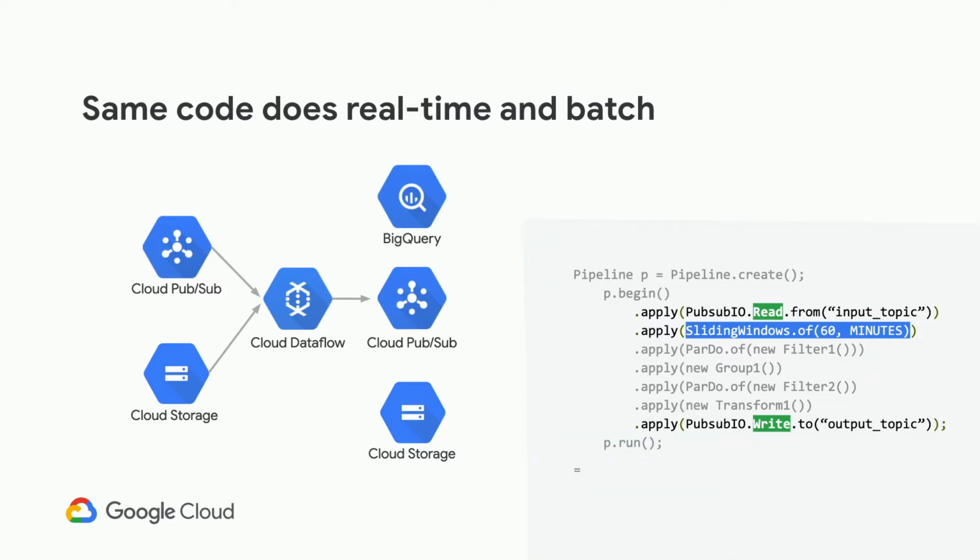Or even if you have some real-time data coming in, you want to reference some of the data in batch. For example, you have some data in Cloud Storage, you want to do some referencing. Are you able to do that? Yes, you can do that. And once you're done with those calculations, you can output to BigQuery in real time. Then you can run some real-time analytic queries. Yes, you can do that.